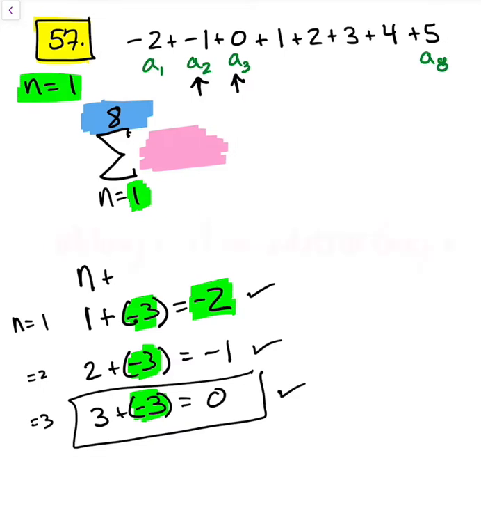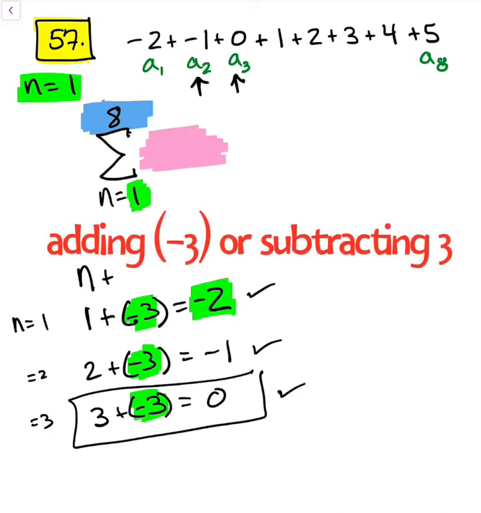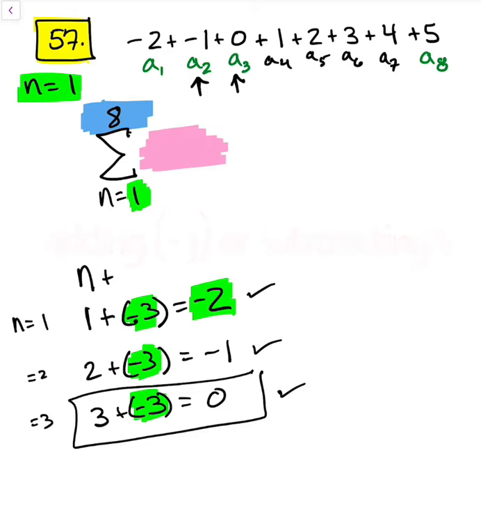So whatever I'm doing to n, I must be adding negative 3 to get my terms that follow, my a6, a7, all the way to a8. That means I am subtracting 3 from my n.